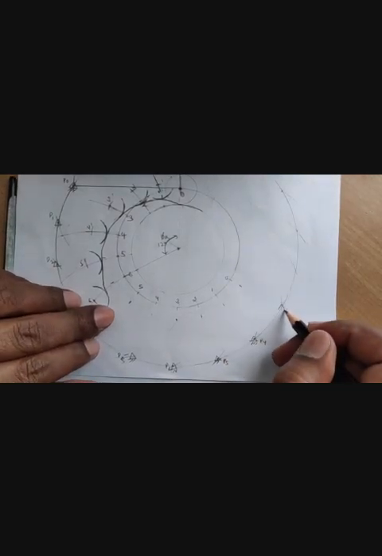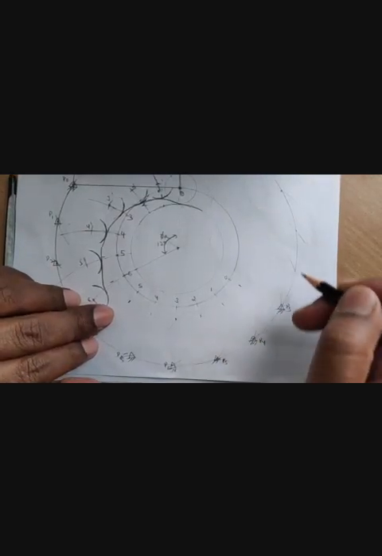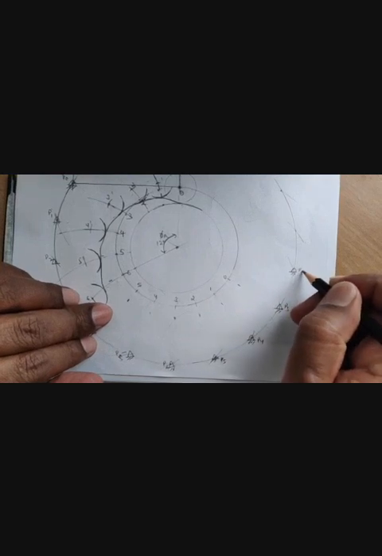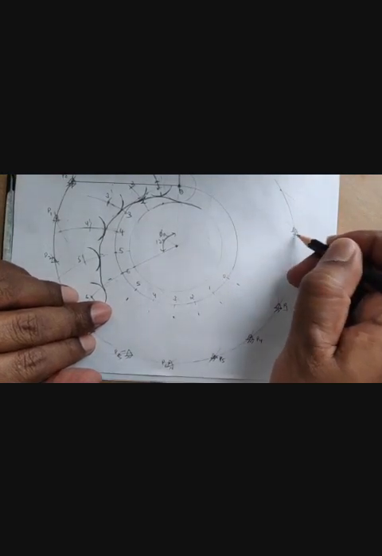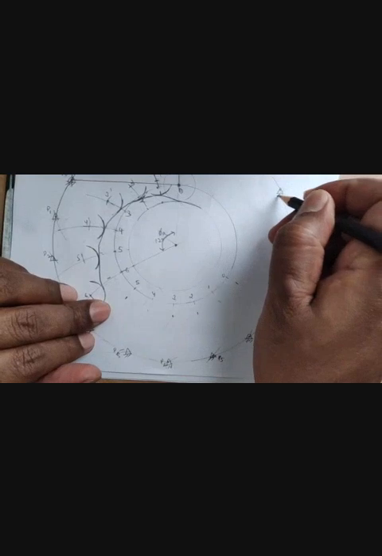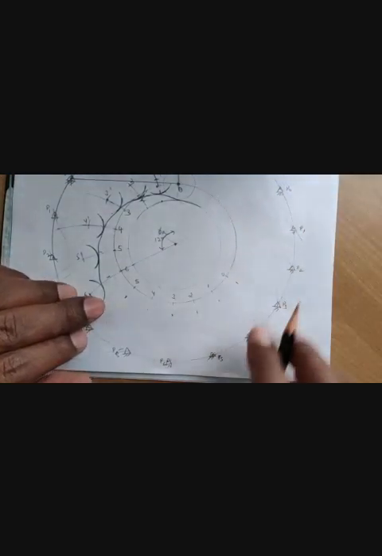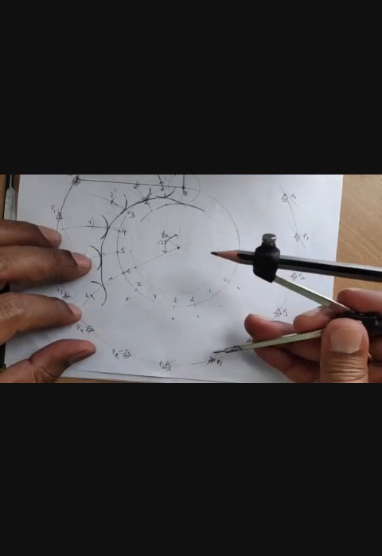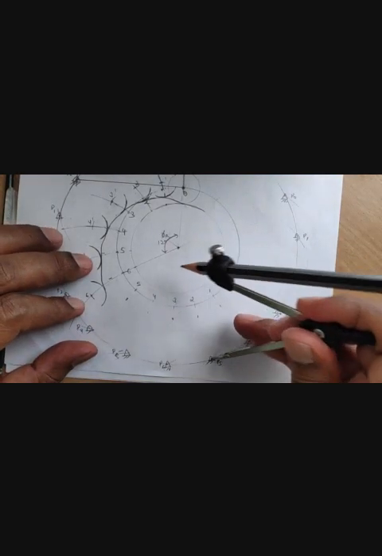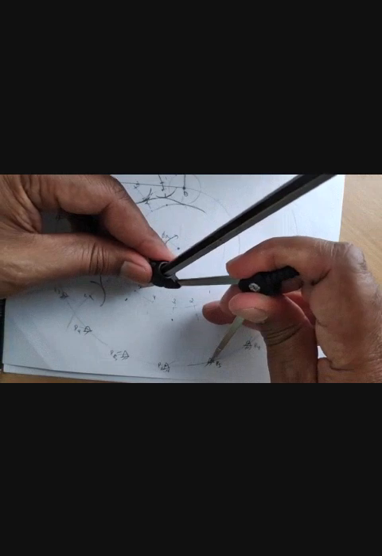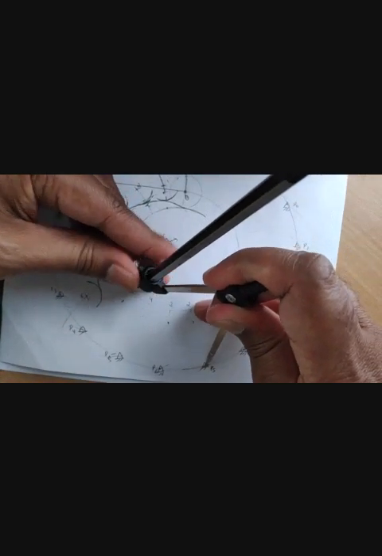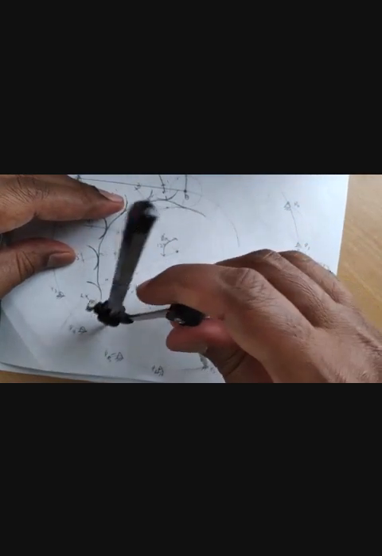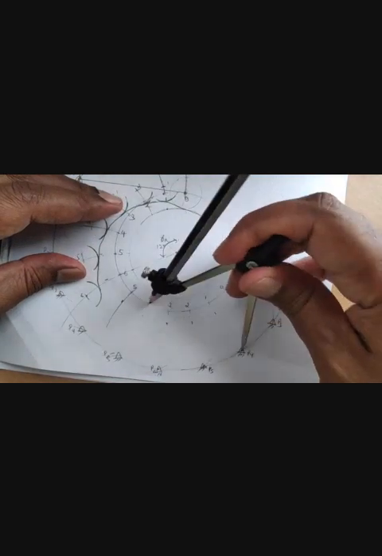Mark these pivot points P3, P2, P1 and P0. Once this is done, you can draw the arcs which give the probable locations along which the roller can move, like this, from each of these points.